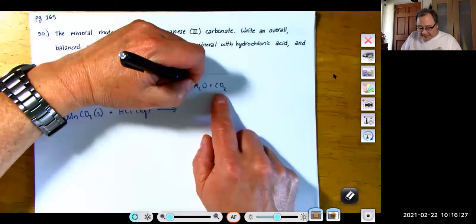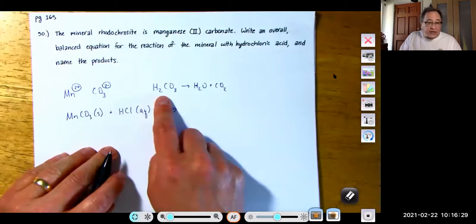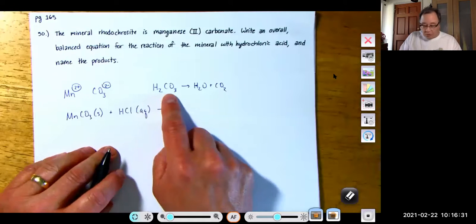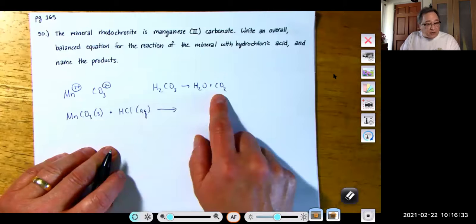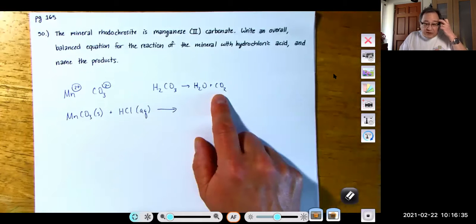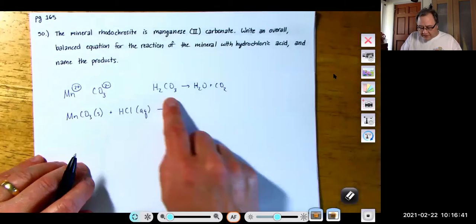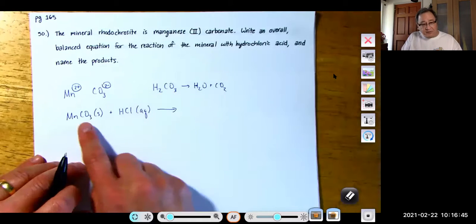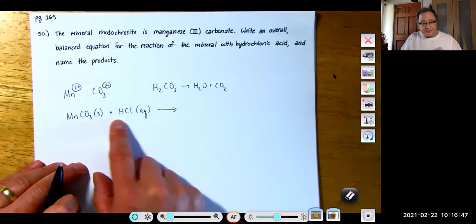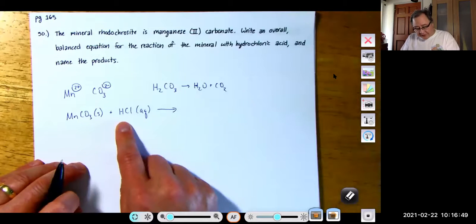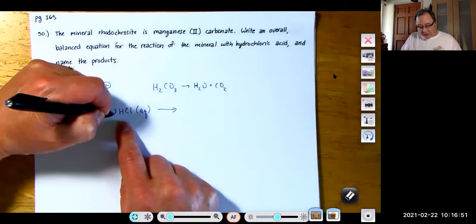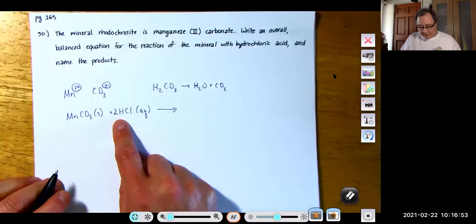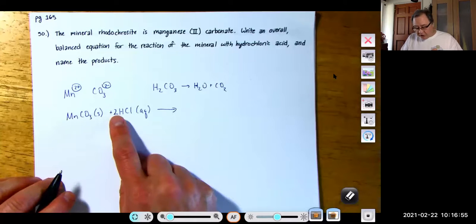The reason I write this out is because you can see what looks like carbonate here, whereas over here, it's harder to see the carbonate. It's the CO2. The carbonate is turned into carbon dioxide. So here, to make this, we need 1 carbonate and 2 hydrogens. And can you see that we have the 1 carbonate, but only 1 hydrogen? So our fix is to put a 2 here so that we have 2 hydrogens. So because of that, we should get H2O.